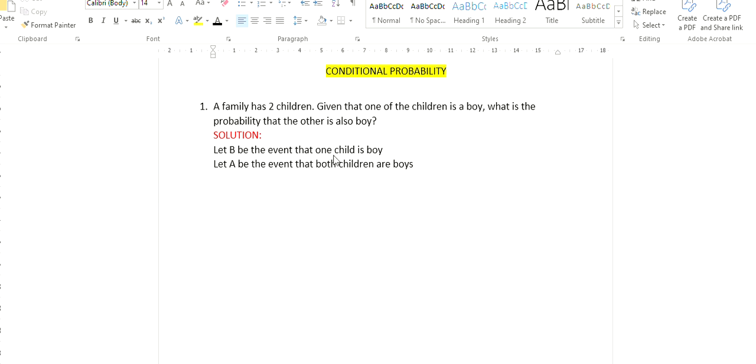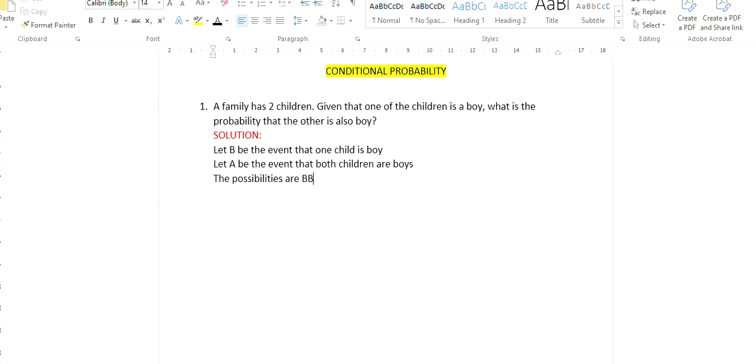Here I'll write the possibilities. They are asking what is the probability that the other is also a boy.